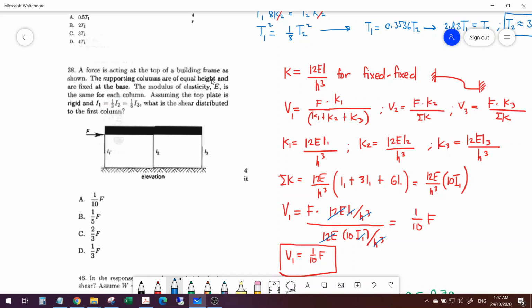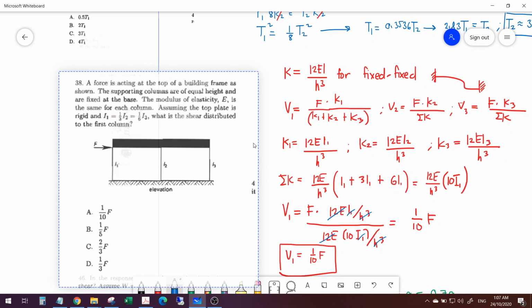Okay, the supporting columns are of equal height, okay, as you see, and fixed at the base. Assuming the modulus of elasticity is the same, okay, say concrete or steel. Assuming the top plate is rigid and I1 is equal to 1/3 daw ng I2 and also 1/6 of I3.